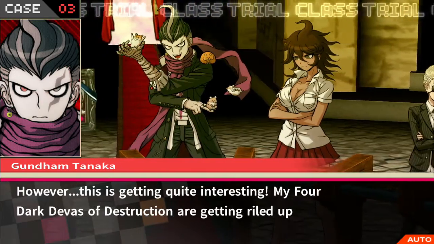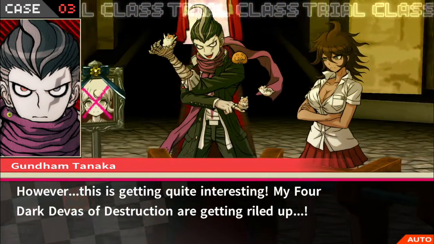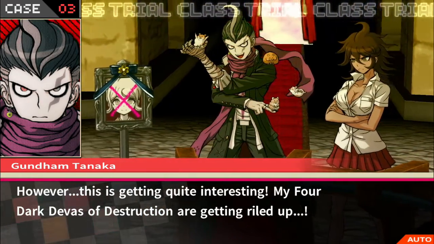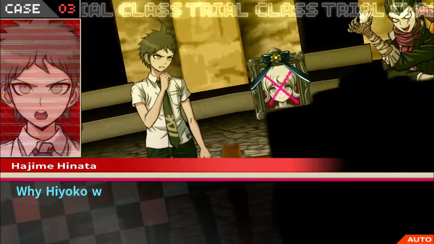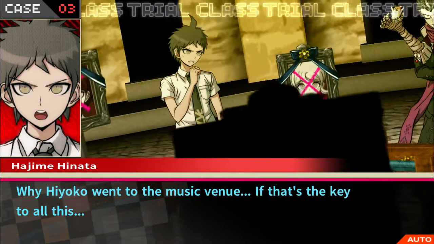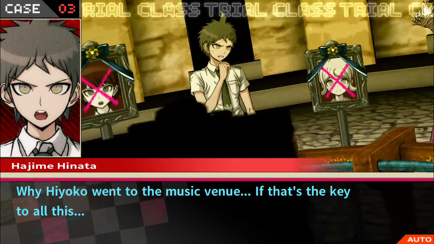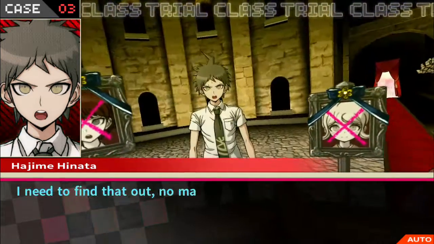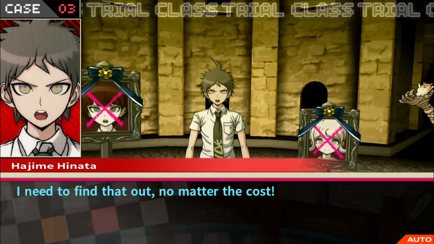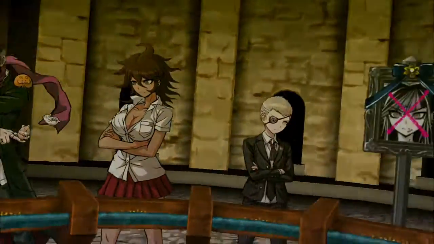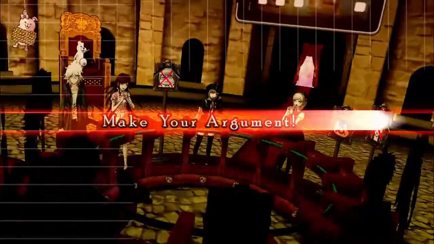However, this is getting quite interesting. My 4 dark devas of destruction are getting riled up. Why Hiyoko went to the music venue, if that's the key to all this? Oh come on, that means Sonia. We need to find that out, no matter the cost. Sonia told her, didn't she?